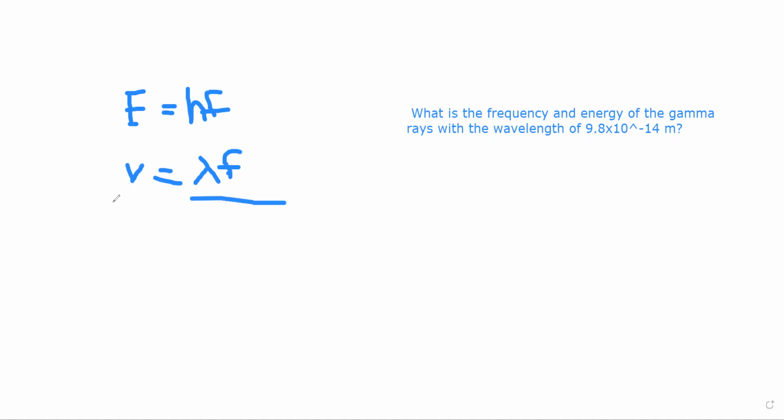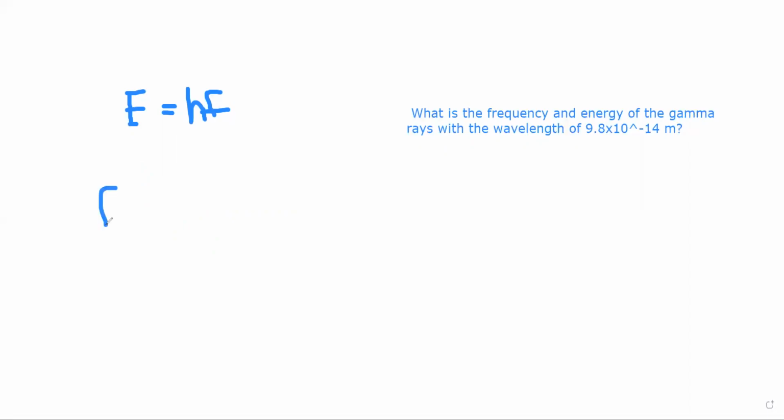You are going to derive the formula, dividing both sides by the wavelength to cancel out the wavelength. So we have now the frequency is equal to the velocity divided by the wavelength. This is now the formula that you are going to use. Okay, I'm going to erase this one. Okay, that's it.